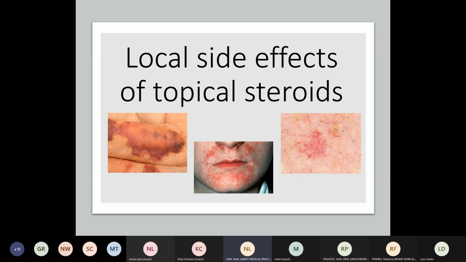But if you remember that table where it said Dermovate is 600 times as strong as hydrocortisone, we're building up lots of problems if people are using Dermovate a lot, because they're going to get these side effects much more easily. So we do need to pick a potency of steroid that's correct, because anything that's too strong is going to just look like it works brilliantly, but we're storing up problems for the future.